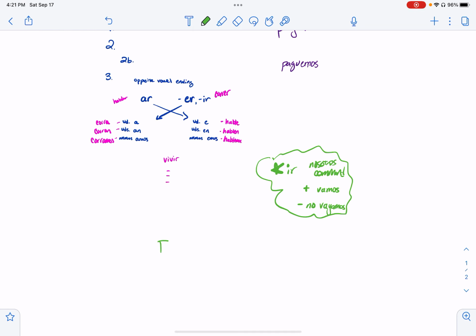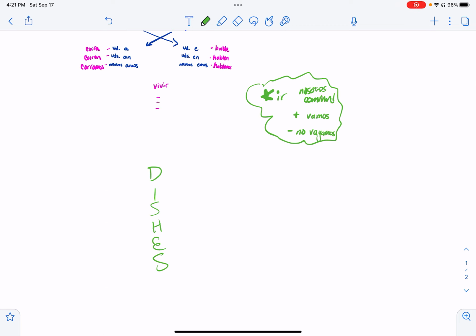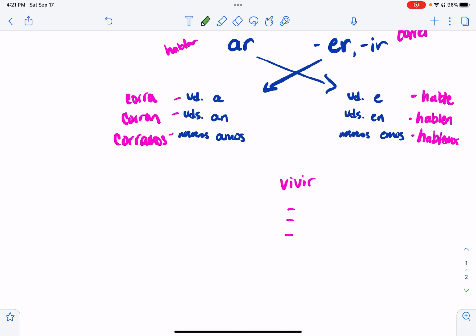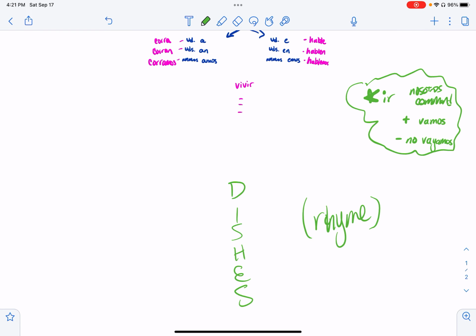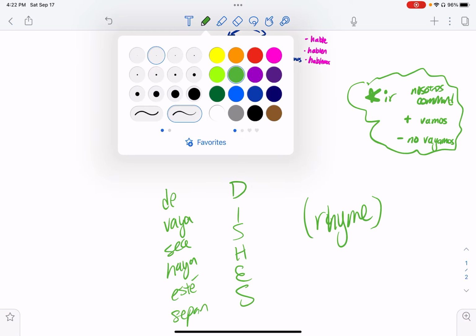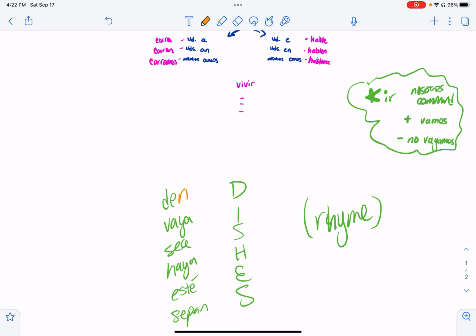Also, DISHES still applies to all of these, or if you preferred the rhyme, that also applies to all these. So, for example, if I was doing an usted command, we would be saying dé, vaya, sea, haya, esté, sepa. If I was doing the ustedes command, den, there's an accent on dé, but not on den.